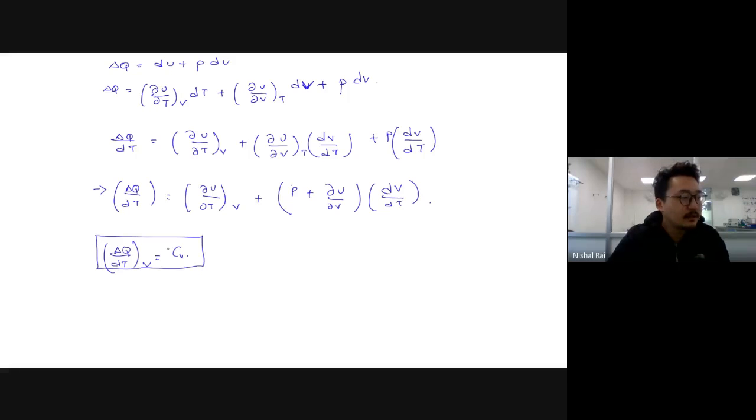Now if we heat the system at constant volume, what will happen?